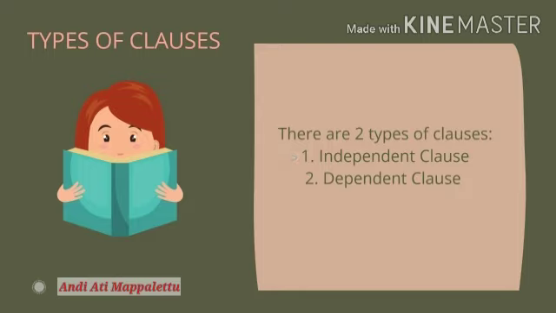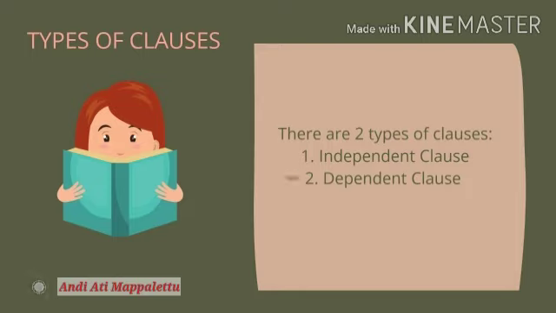Next, the dependent clause. Dependent clauses are also called subordinate clauses, and in Indonesian, it is called anak kalimat. It has a subject and predicate, but cannot stand alone as a complete sentence because it doesn't express a complete thought. Dependent clauses need independent clauses in order to provide the complete information.